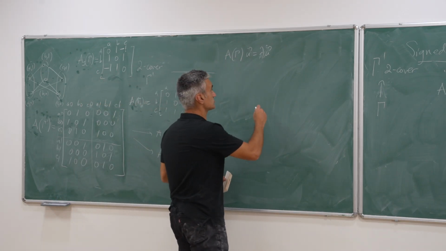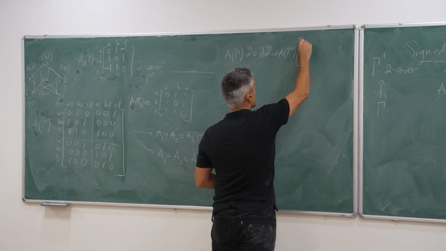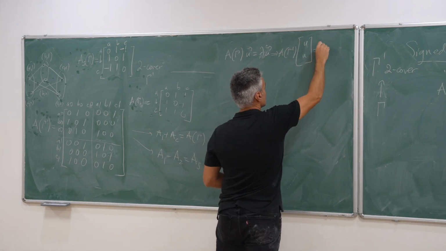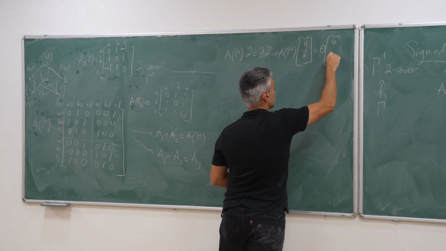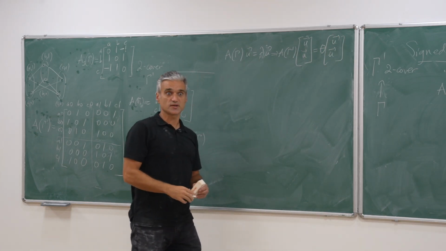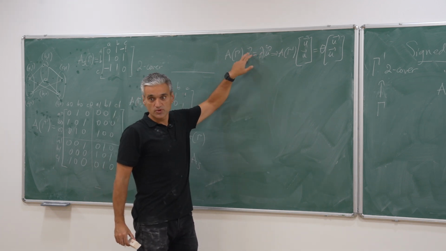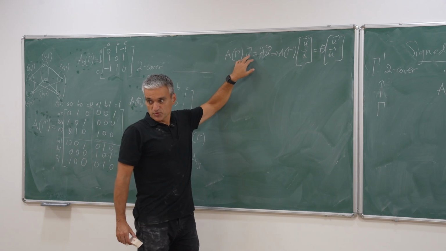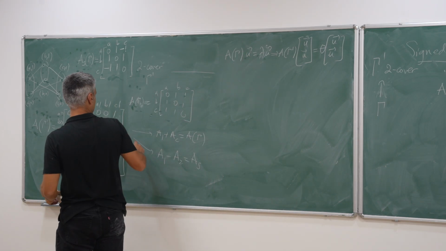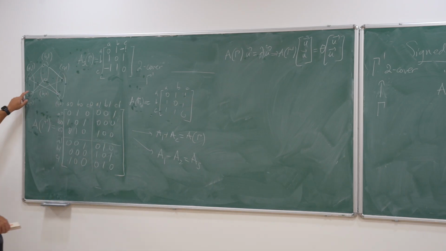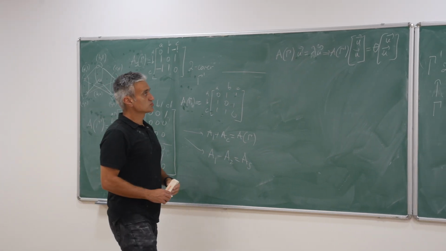So this implies that A of gamma prime times U equals lambda times U. This is exactly what I said about equitable partitions. If I have an eigenvalue lambda here with U, I just put the values of U in all the parts. If I had U1 in the graph, I put U1 here. So that's one part.